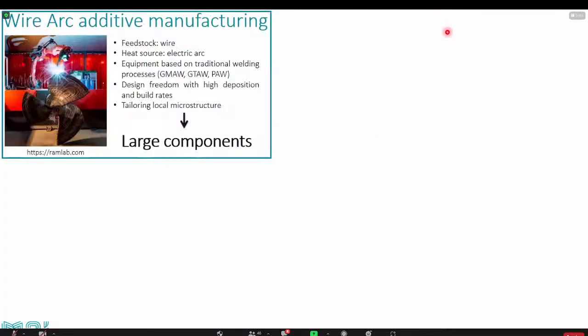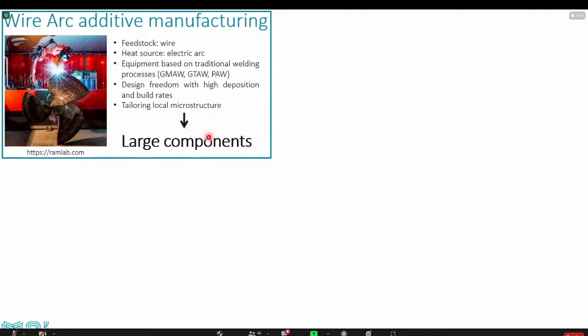So first of all, wire additive manufacturing is one group of techniques based on traditional welding processes that are very good candidates for manufacturing large components, exactly because they have high deposition and building rates.